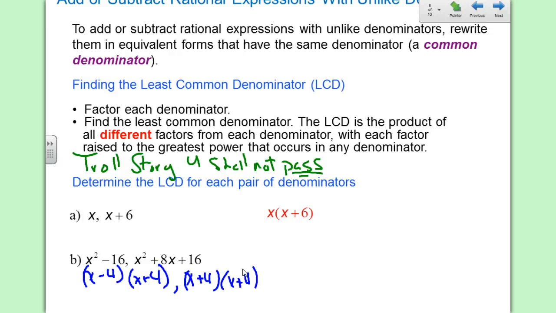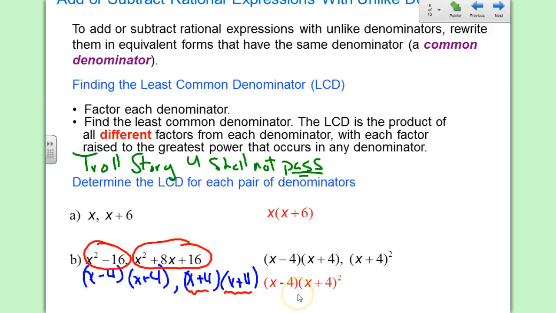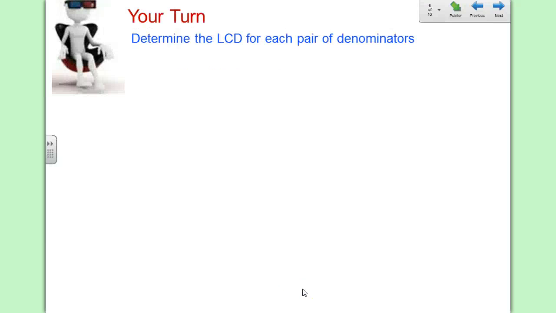Well, you need to have at least two x plus 4s because you need two of them to build that denominator, and you need an x plus 4 and an x minus 4 to build the other denominator. So you need two x plus 4s and one x minus 4, and that would be the lowest common denominator there.